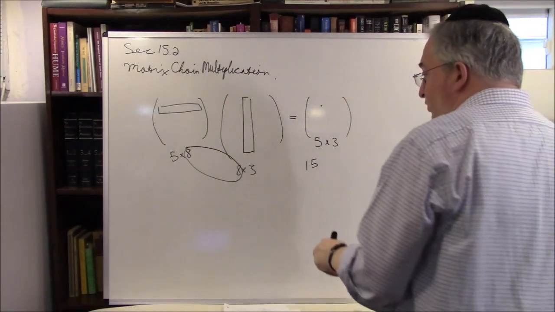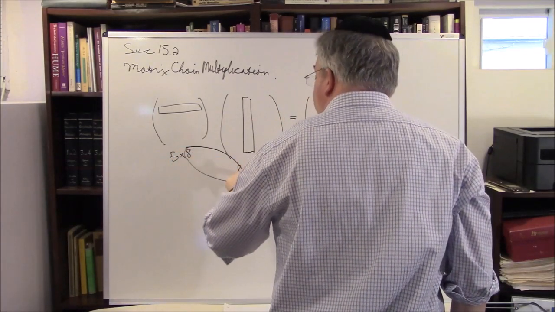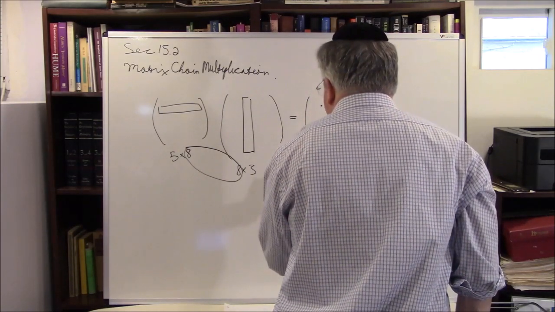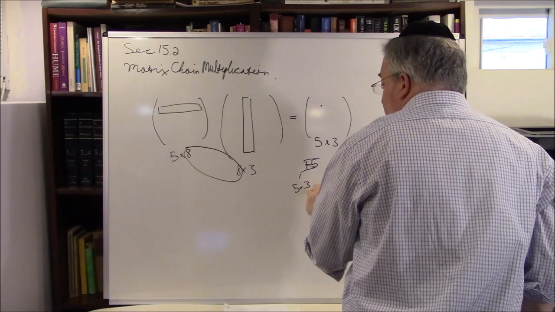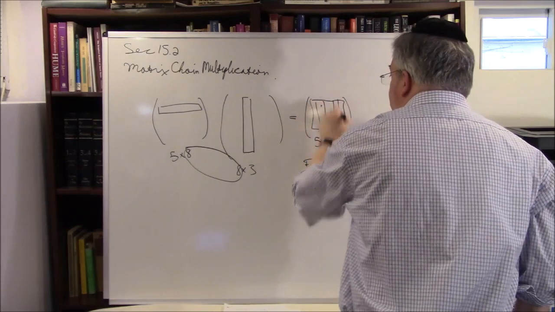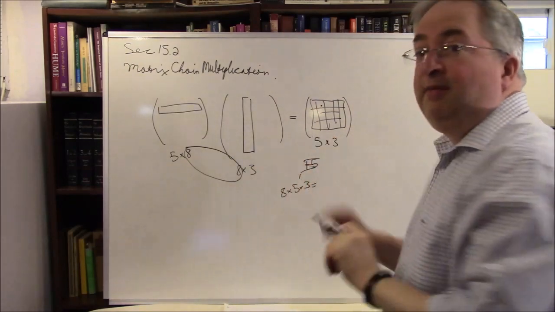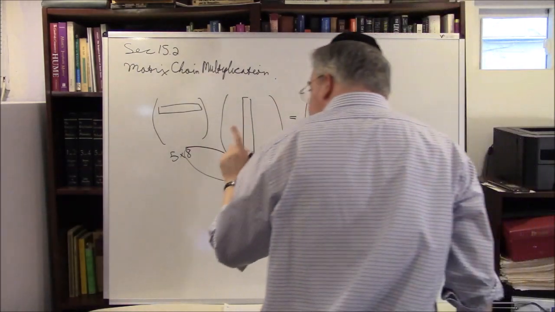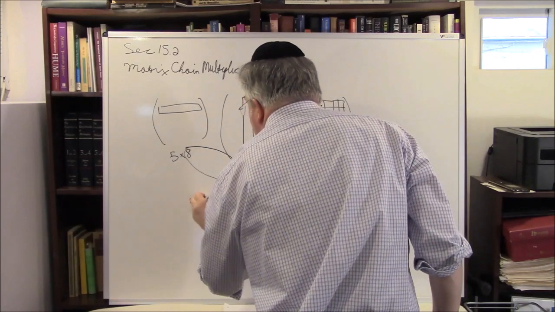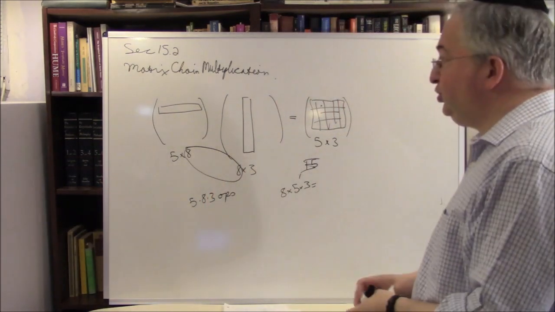So just keep this main thing in mind. When you have a 5 by 8 and an 8 by 3, you have to do 5 times 8 times 3 multiplications. Okay? Let's just do it in general.